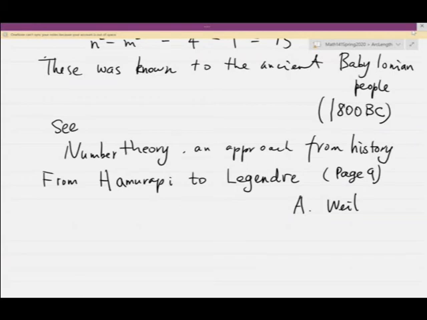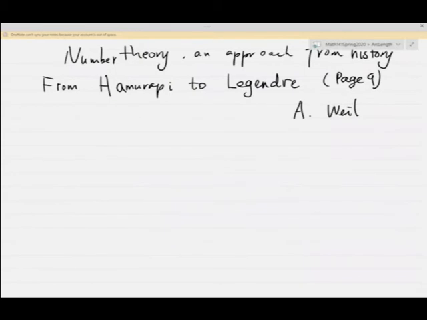Pythagorean triple. Now, if we change a little bit. We solved the problem of rational points on the unit circle.